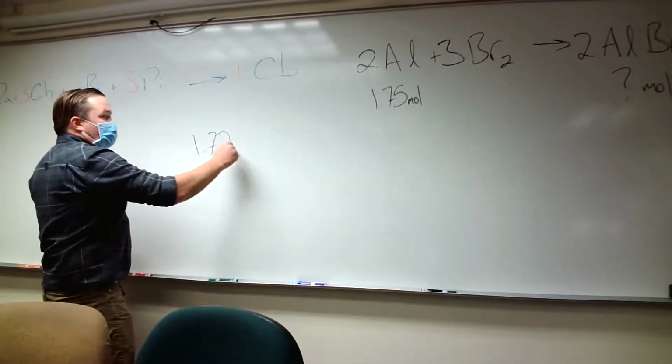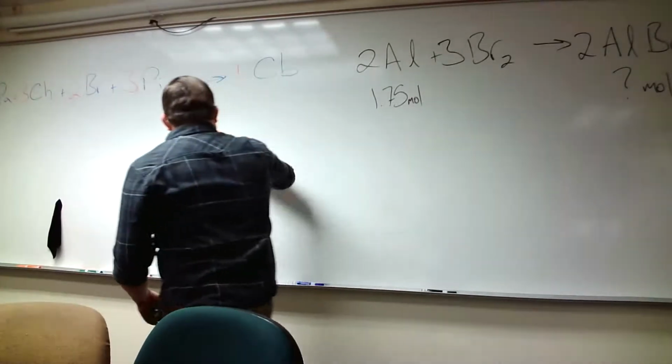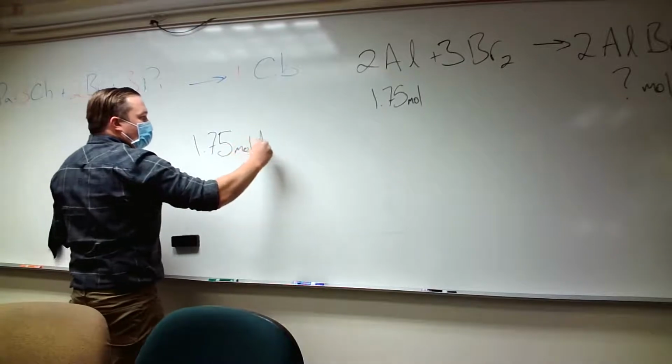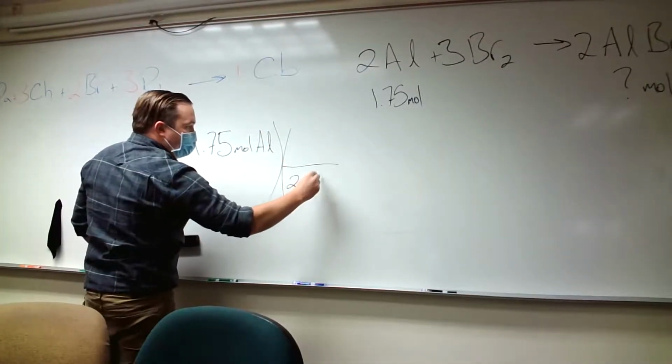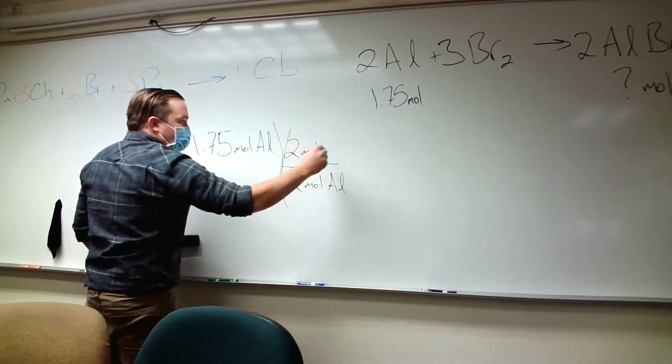If we want to know how much product we can make, well, every time we use 2 moles of aluminum, we make 2 moles product.